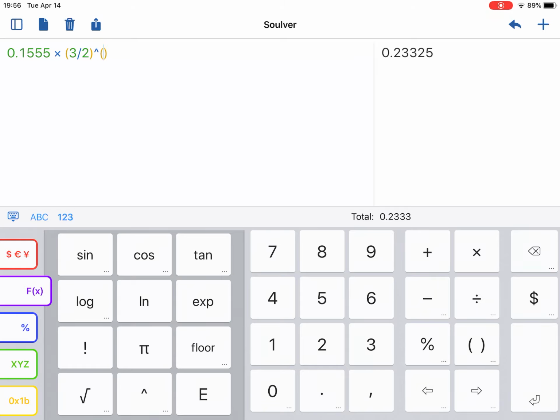Aha. 3 over 2 raised to the power of, in brackets, 5 divided by 3. Then I take the whole thing, times it by, in brackets, 3 divided by 10, and raise that one to the power of negative 7 divided by 6. 1.245. That's what I get.